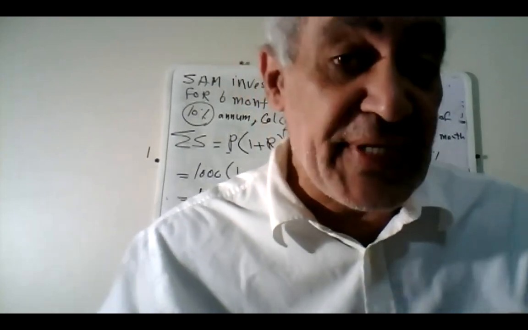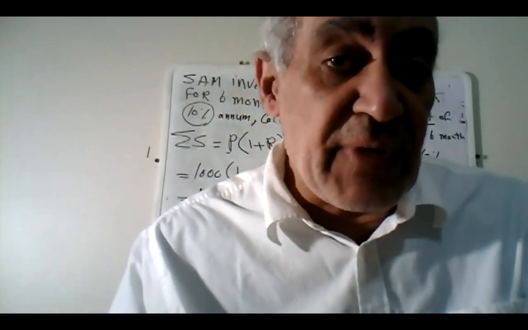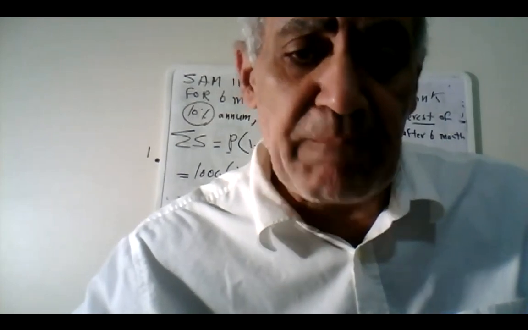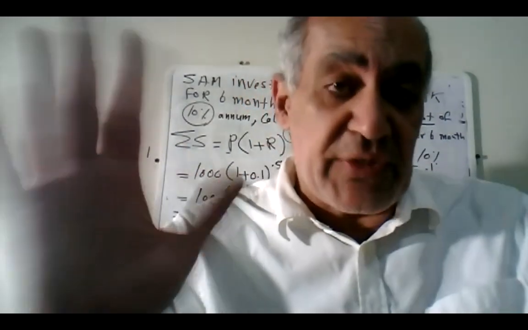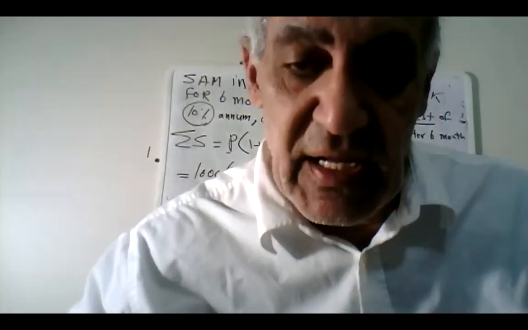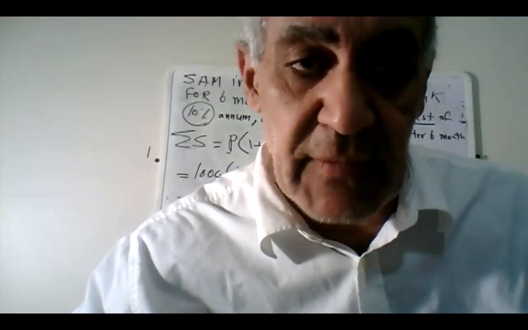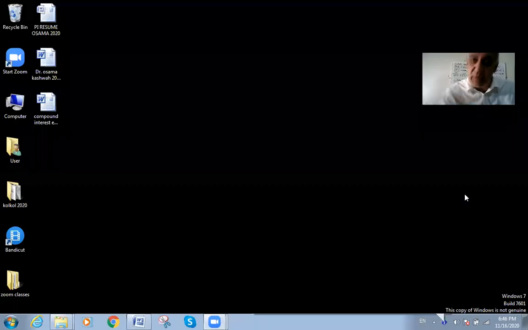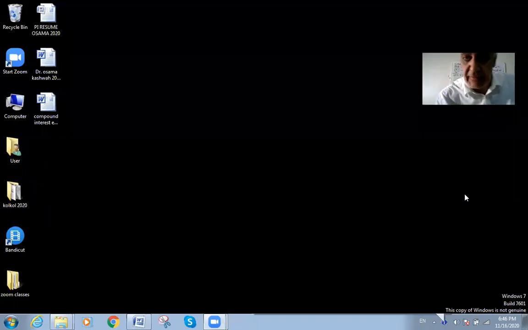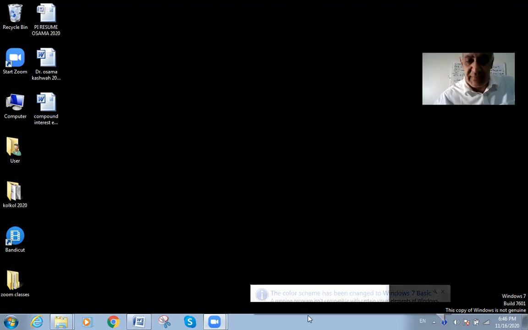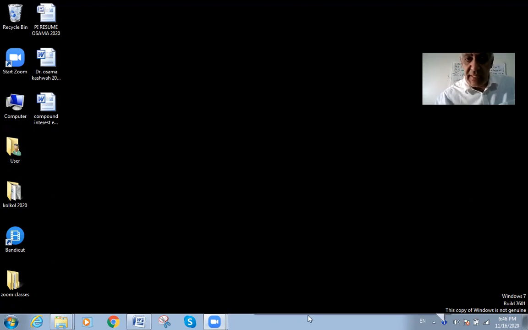So let's go for it and see what we mean by the difference, to compare between both of them. I will share the screen now for a minute, just for you to see the example, and I will also put the example on your Google Classroom, so you will have it. Okay, let's see now.